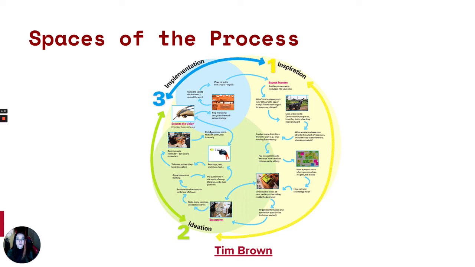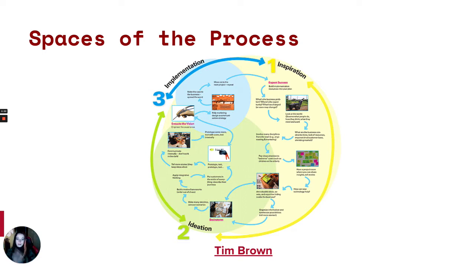Last week, I showed a few different drawings that showed the process of design thinking. So we looked at design thinking by looking at what you have to do, right? The process, do this, do that, then this. And Tim Brown's model that you read about and that we looked at last week is a version of the process that shows that it's not really steps, it's more spaces that you go in and out of as needed.